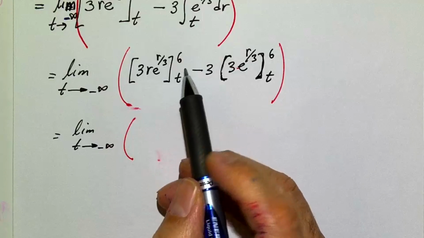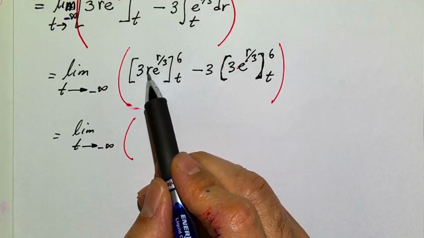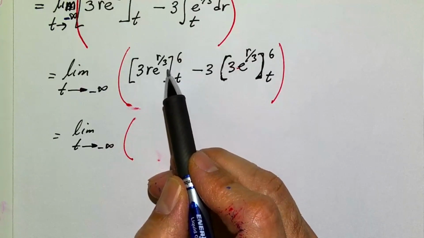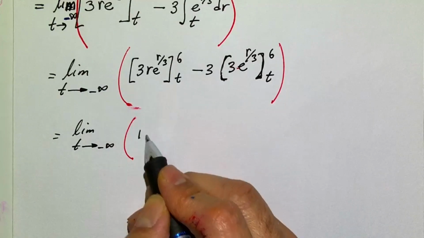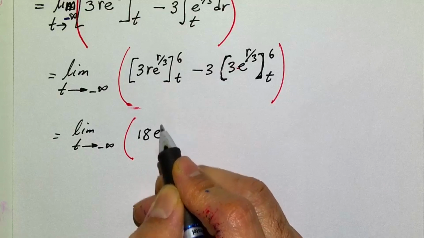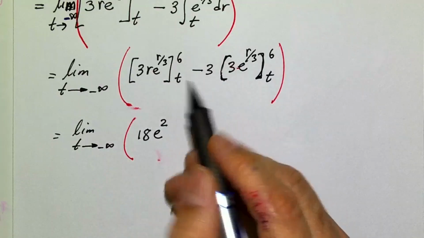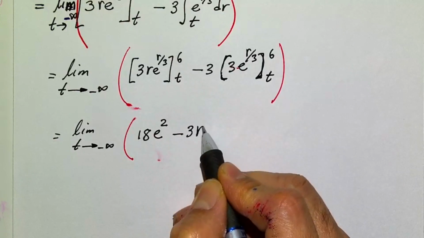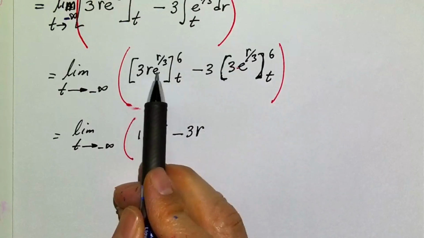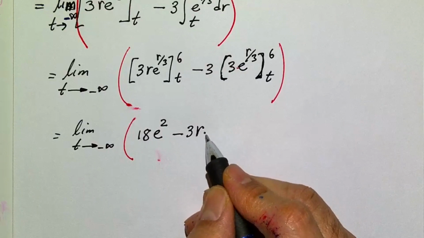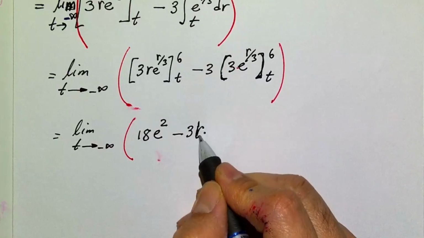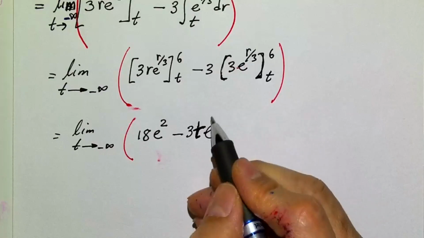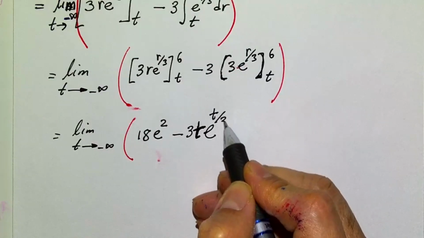This will be 6 times 3 is 18, and 6 divided by 3 is 2, so we have 18e squared, and then minus, now we have to take the 3t times e to t divided by 3.